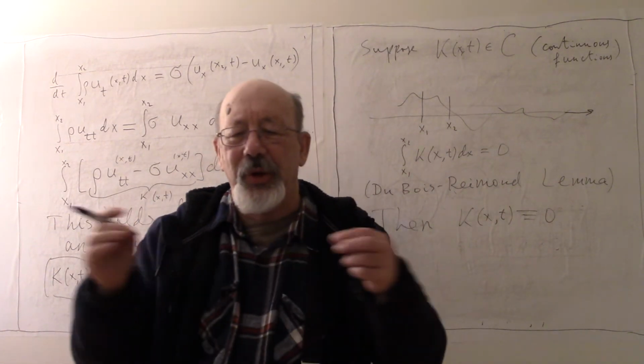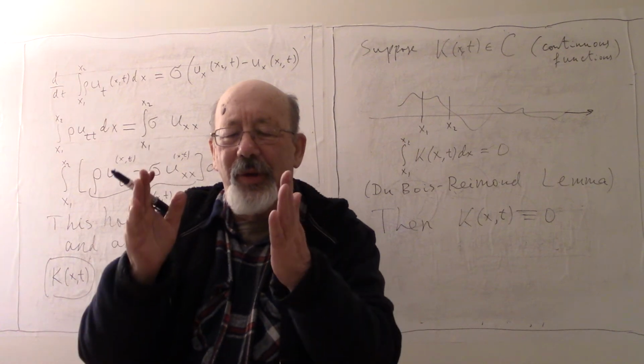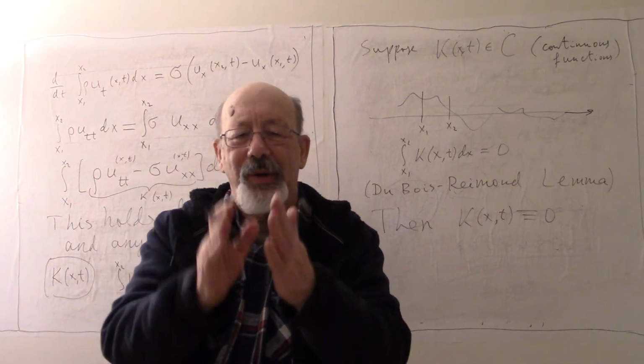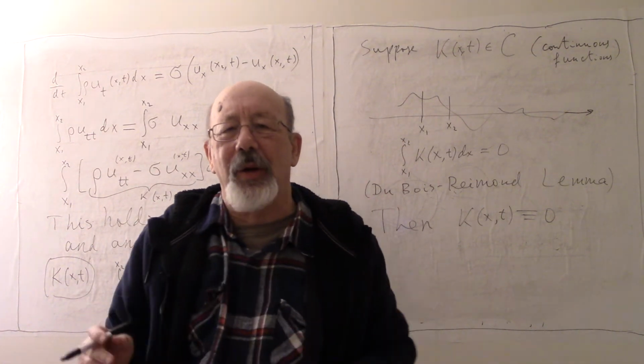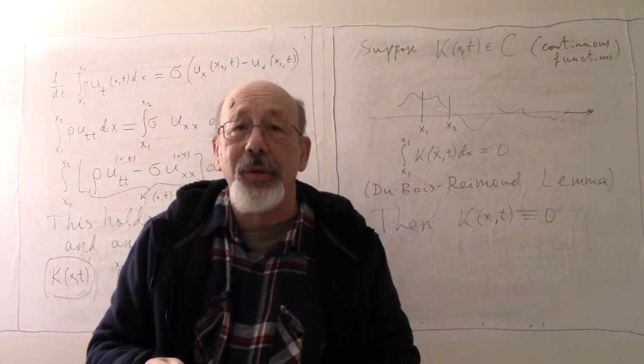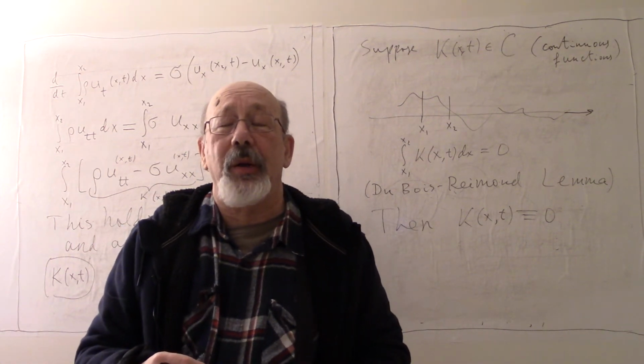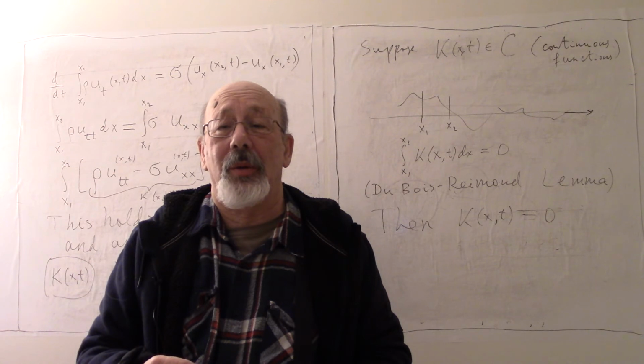So if the function is continuous and its integral along any segment is 0, then the function is identically 0.